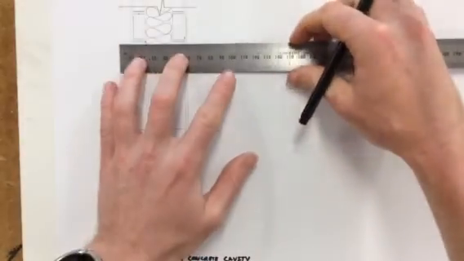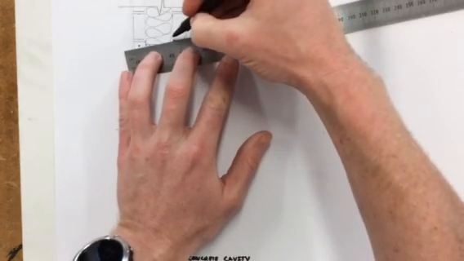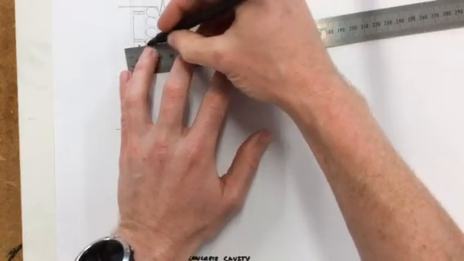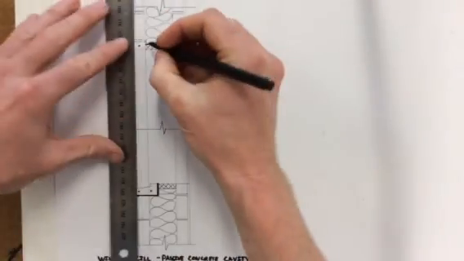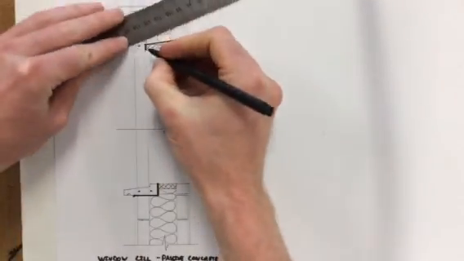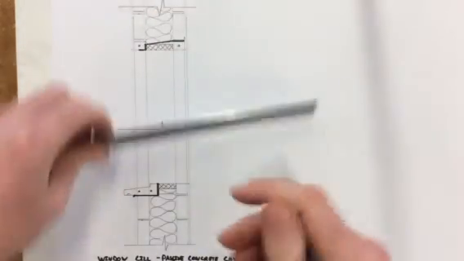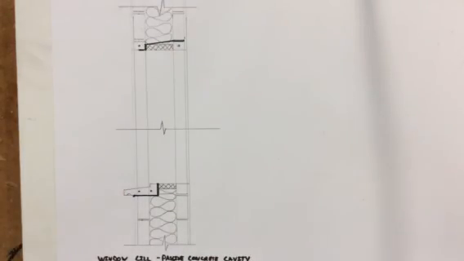The DPC in this case would have to go along here and down, and then depending on where the window frame finishes off, it should just stick out just at the window frame, and then it'll be plastered over. So it'll be hidden from there. That would be the first part of this drawing.